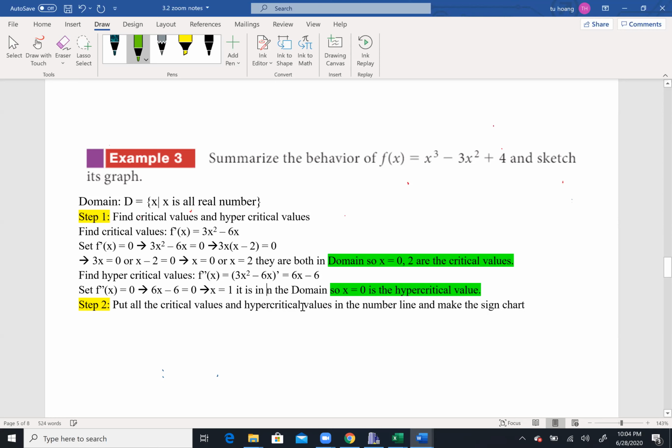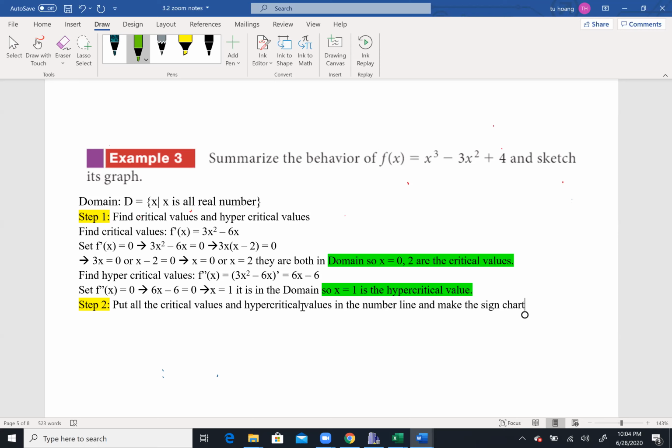So x equal to 1 is a hypercritical value, and there's no case where f derivative of x and f second derivative of x are undefined, so I don't have to worry about that.